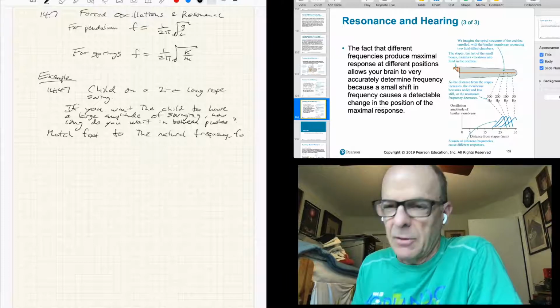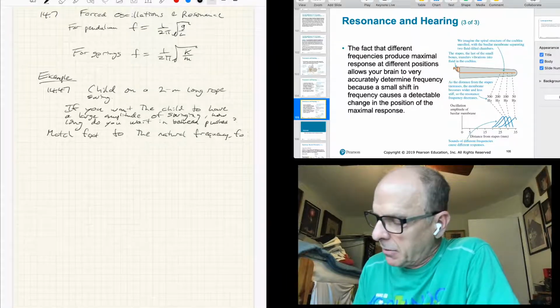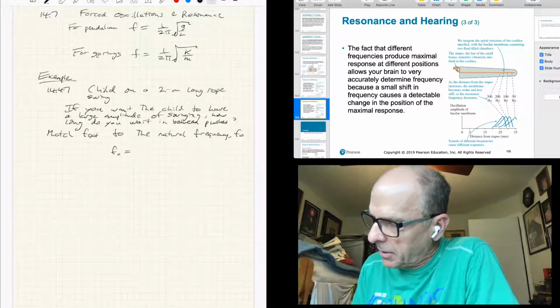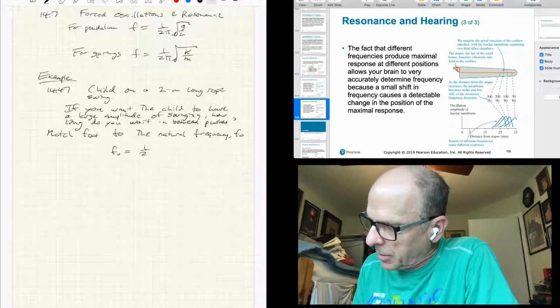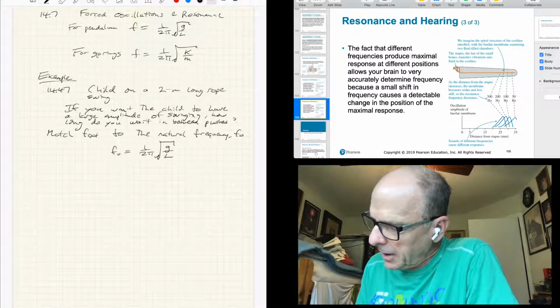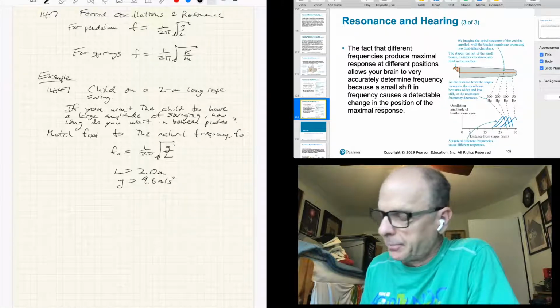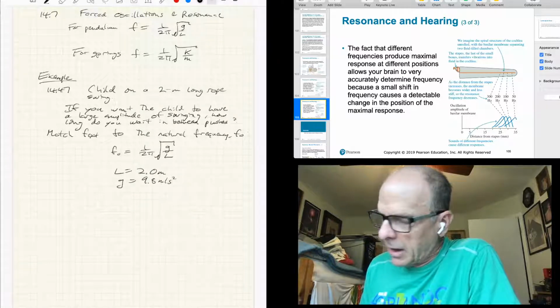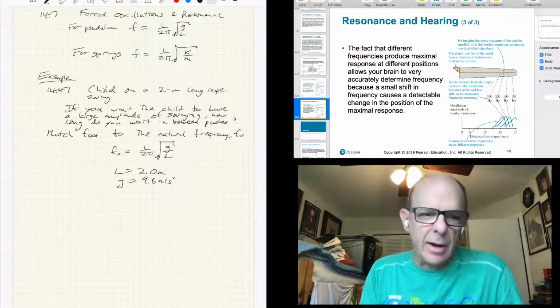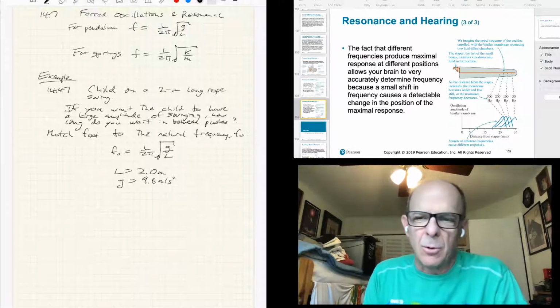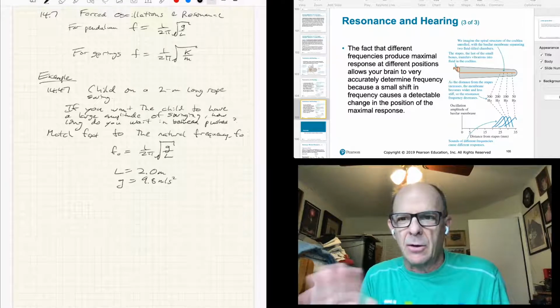Well, this is a person on a swing, that's a pendulum. So f0 is 1 over 2 pi times the square root of g over L. And we know L equals 2 meters, and g is 9.8 meters per second squared. And the problem also, by the way, I didn't write it down, told us the mass of the kid, but that's a red herring.